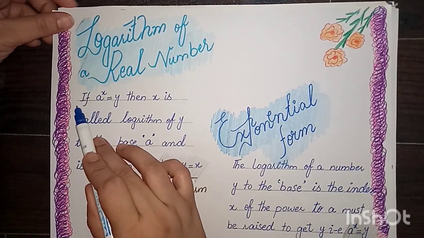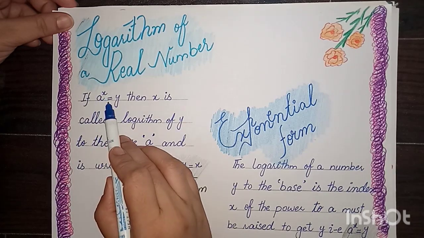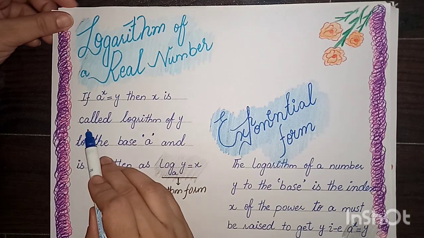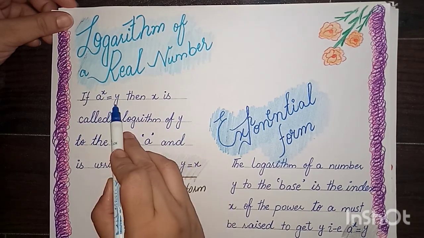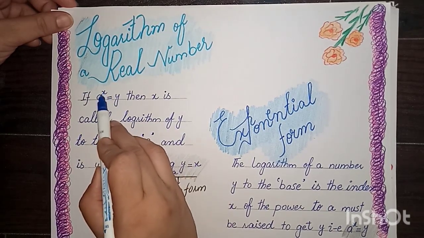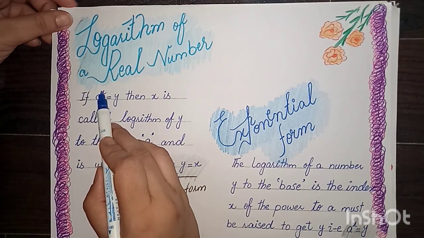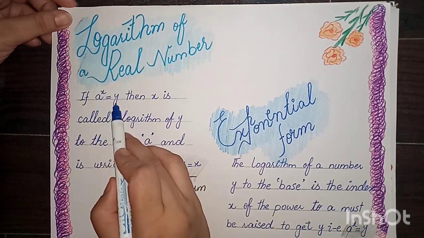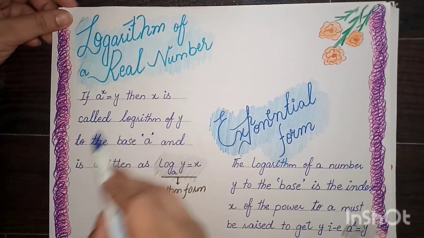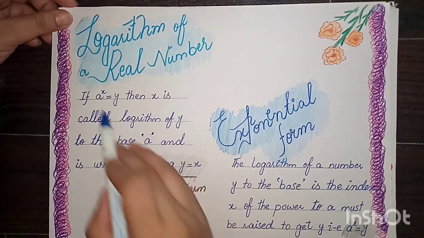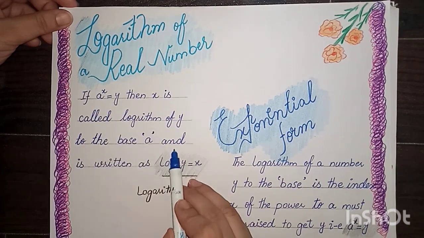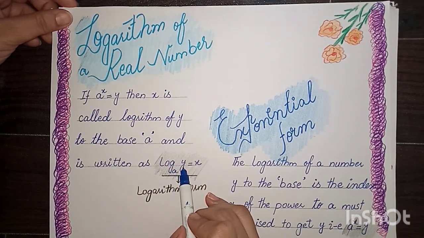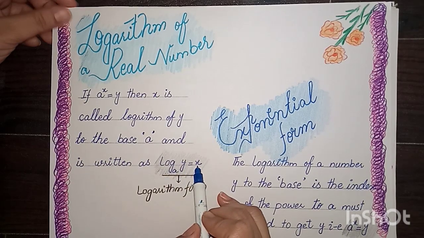Again I am repeating, if a to the power of x is equal to y, then this x is called the logarithm of this y. This x is that value which is the logarithm of y. x is called the logarithm of y to the base a, and it is written as log of y to the base a is equal to x.